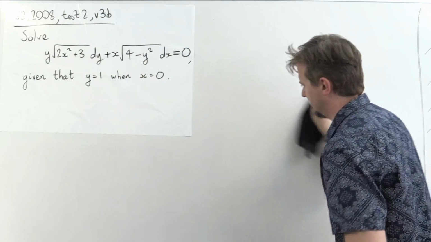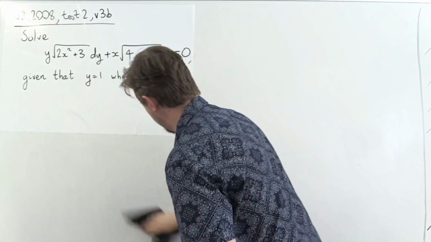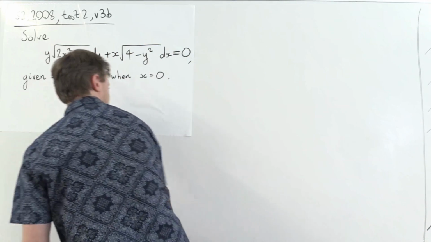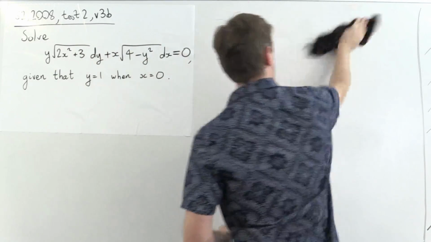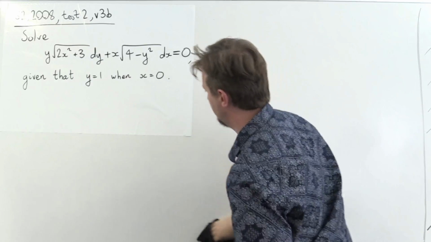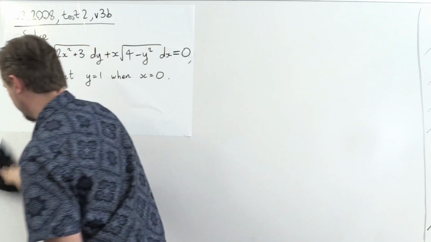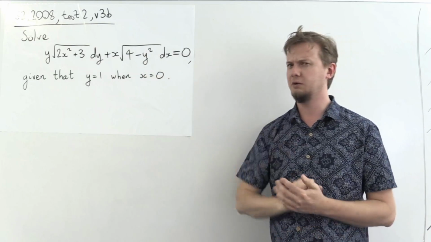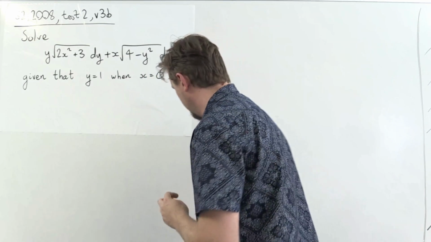So this question, you can see where it comes from. I actually haven't abbreviated it very much. This is pretty much as it appeared in the test. And it's not really giving you any hints about how to answer the question. It's just saying, solve this differential equation. And this isn't typically the way we write these differential equations.